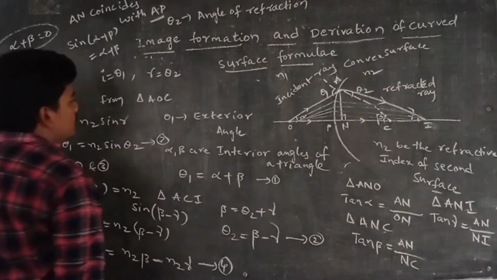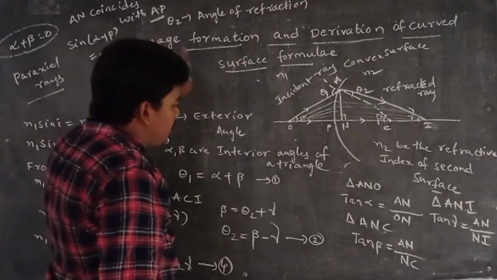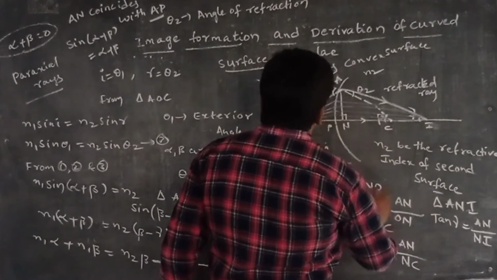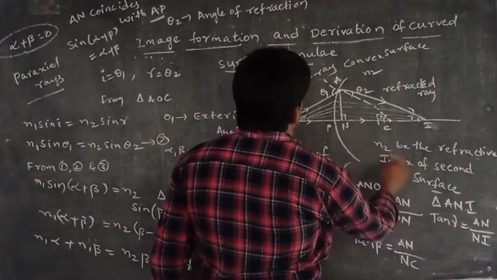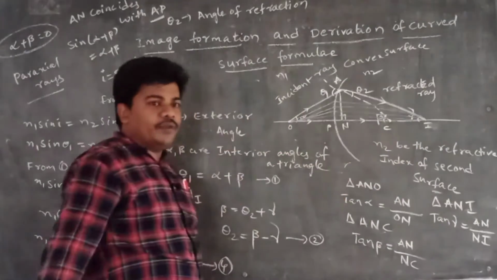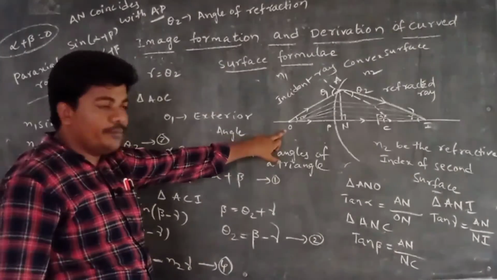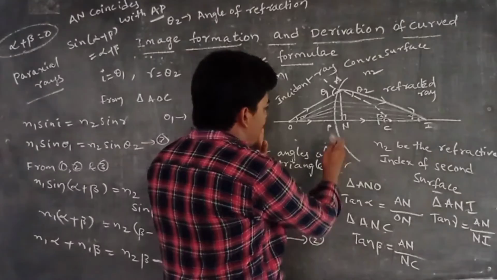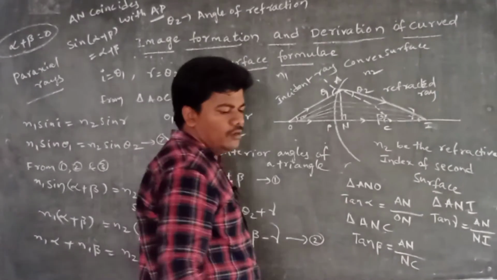So in place of AM, what do we write? AN means AP by OP. Here we have to measure, for example, OB the point object. We have to measure all the distances from the pole.